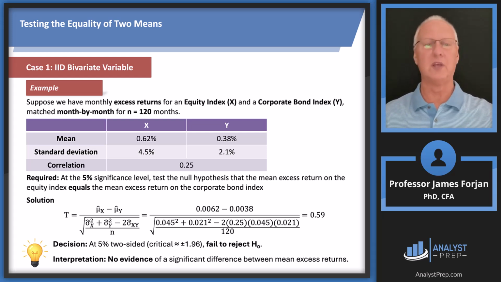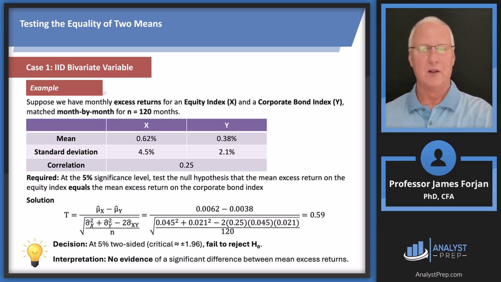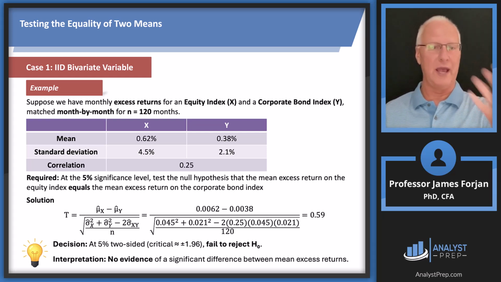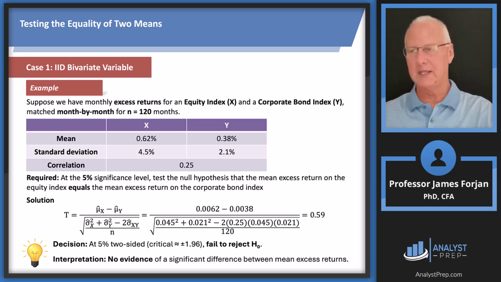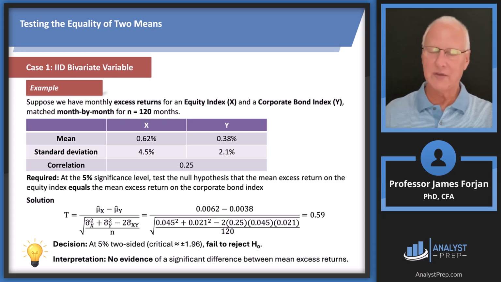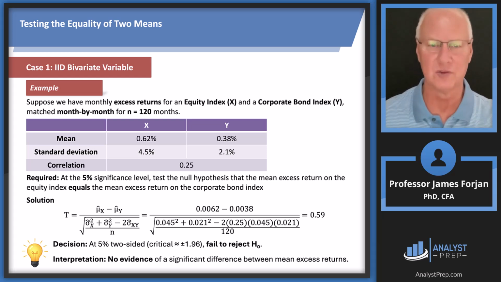The null hypothesis is that the mean excess return for equity is identical to the mean excess return on bonds. So what do we do in the numerator? The equity is saying, wait a minute, we're at 6.2. The debt is saying we're at 3.8. Well, if you take the difference between those two, clearly that's not 0.